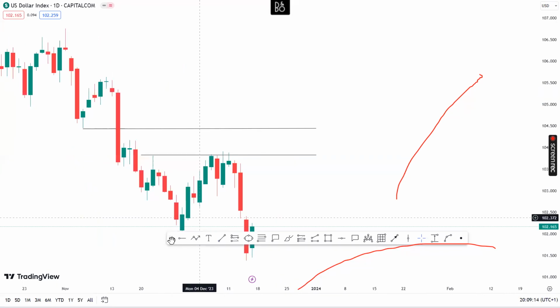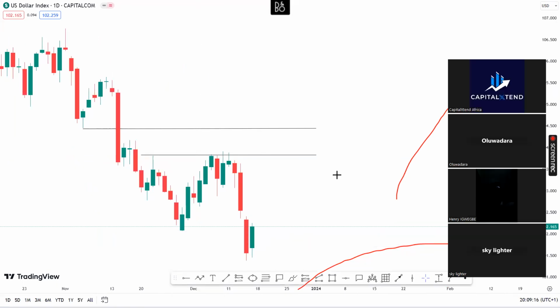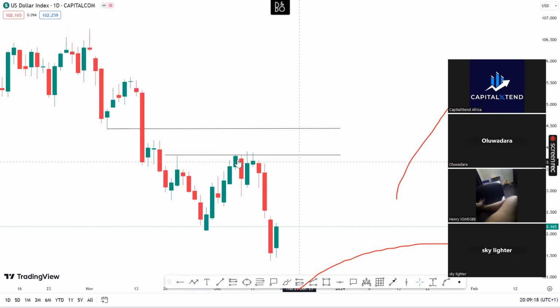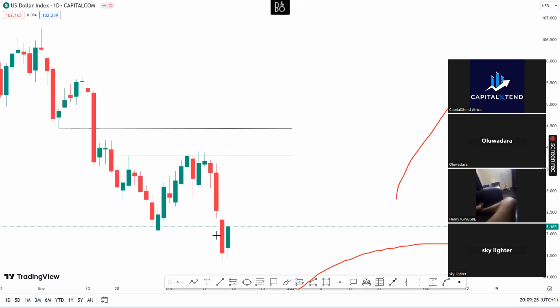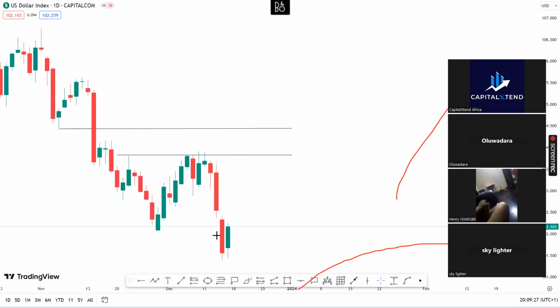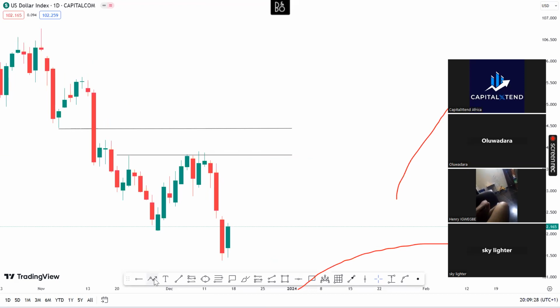So daily looking pretty nice, right? Price already in this weekly FVG for this down movement here. So I have two things. On daily here, I can see this gap. I have to use a rectangle box.